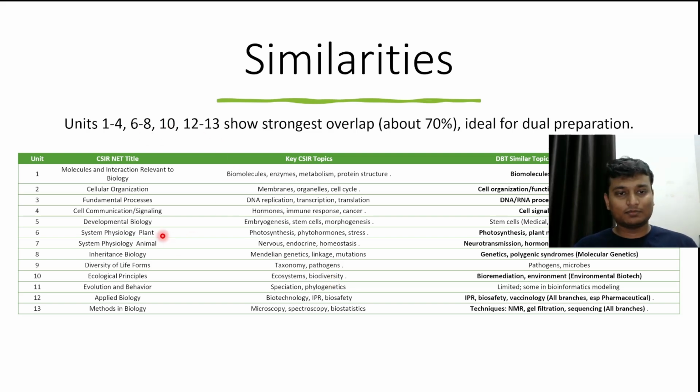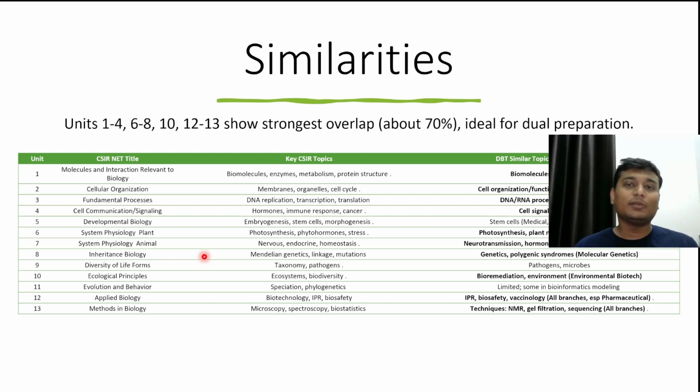Even units 6 to 8, which are systems biology in plants and animals, and then inheritance, genetics, are the same, and genetics is a huge part of both the exams. In CSIR-NET, you have this big kingdom system, Bryophyta, and all those plant kingdoms that you study.